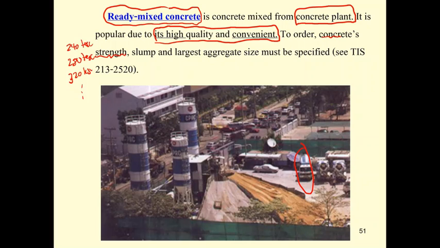And then you have to specify a specific slump. Okay, slump is the workability. It measures the workability of the concrete. If you have a high slump, that means the concrete is very wet and it's very easy to pour into the formwork.